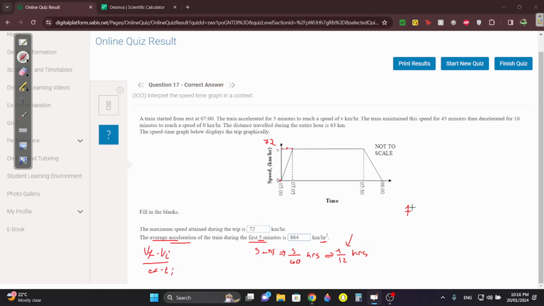So 72 minus the initial, since we're starting from 0, we can just say 0, over time final, which is 1 over 12, minus time initial, which is 0. You put this in a calculator and I'm pretty sure you get 864. Let me try it. 72 over 1 over 12. Yes, you get 864.